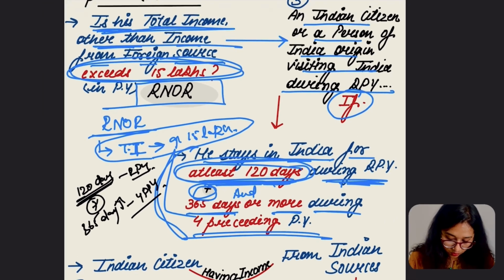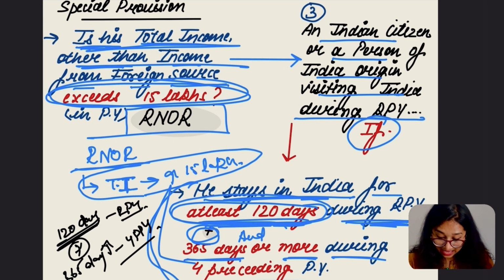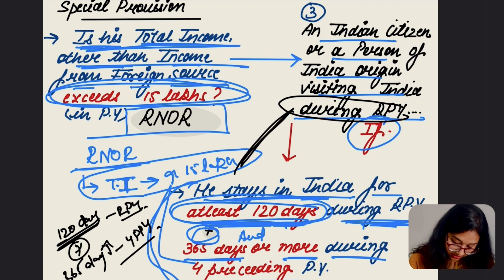So in the third case, if a person is an Indian citizen or has Indian origin and is just visiting India during the relevant previous year, he would be RNOR.